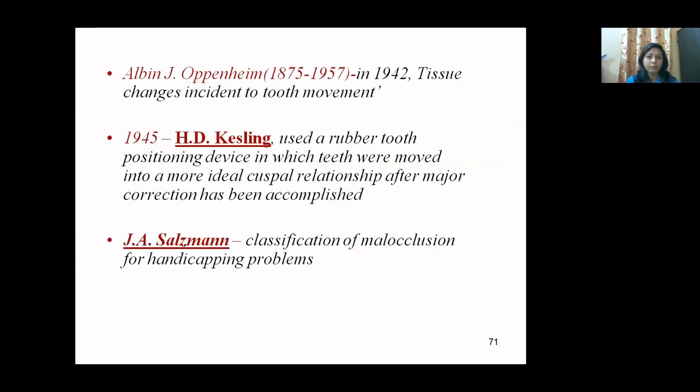Oppenheim in 1942 described the tissue changes incident to tooth movement. Kesling used a rubber tooth positioning device in which teeth were moved into a more ideal cuspal relationship after major correction had been accomplished. Salzmann gave a classification of malocclusion for handicapping problems.